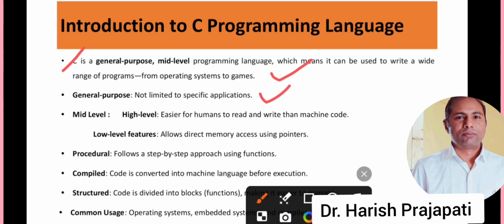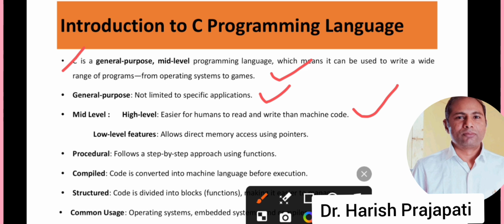The second feature of the C language is that it is a mid-level language. Why mid-level? It has some characteristics of a high-level language. High-level languages are languages which are easier for humans to read and write, which human beings can easily understand.